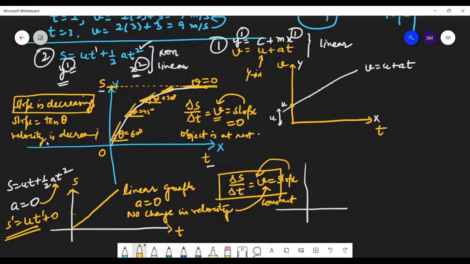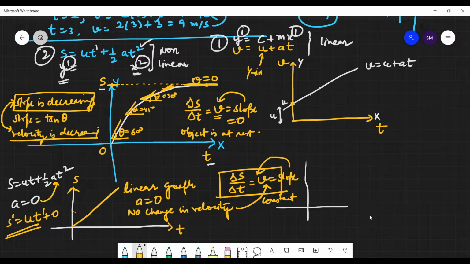Is this clear? Yes, sir. So replace the word slope with the physical quantity that it is telling. Is this clear to everyone? Yes, sir. Okay, good.